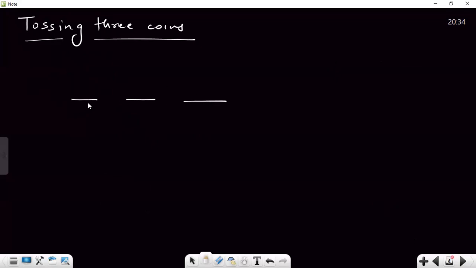There will be two possible outcomes for every coin. How many total possibilities in this case? 2 into 2 into 2 makes 8. Or we should say 2 raised to power 3, which is 8. This representation is important. We'll discuss it later.